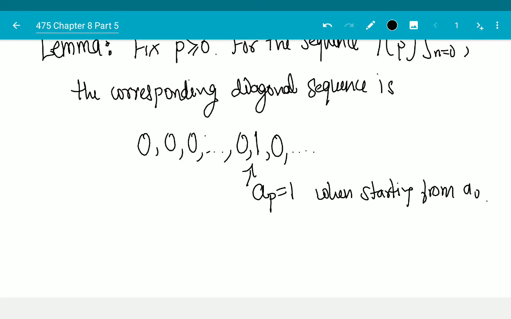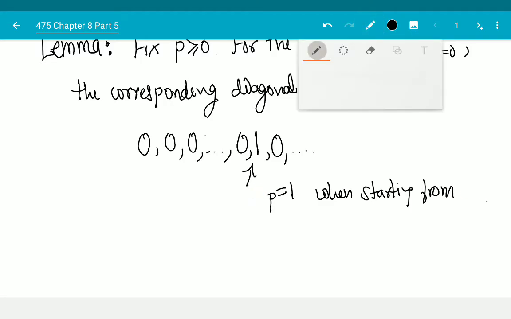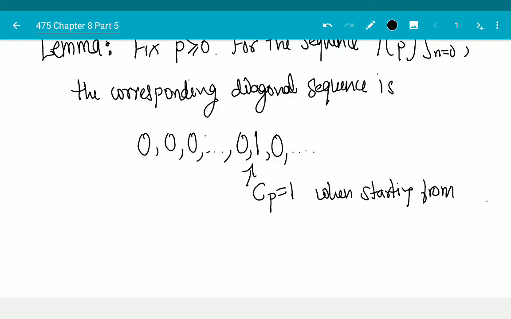Or my bad, the usual convention is calling it C_p, so let me call these C_p. C_p is equal to 1, starting from C_0. So the p-th place has a 1.